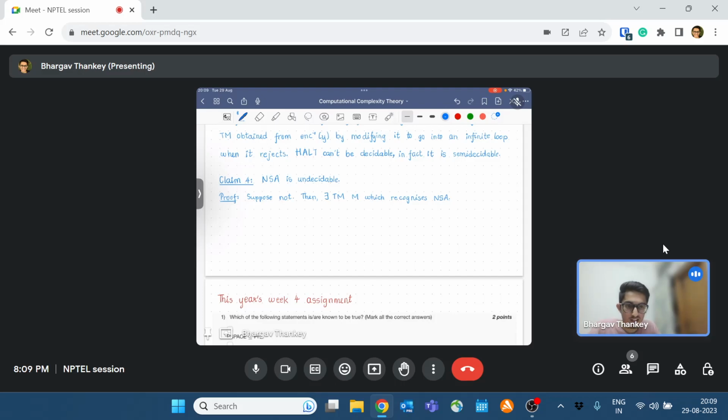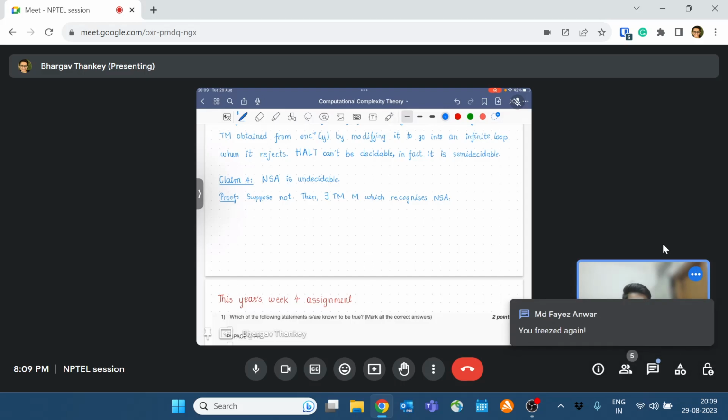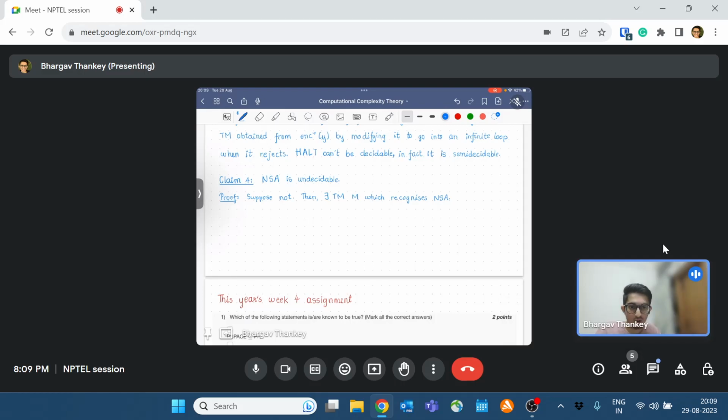So what I'm saying is, if NSA is not undecidable, then there is either a halting Turing machine that decides NSA, or a non-halting Turing machine that recognizes NSA.